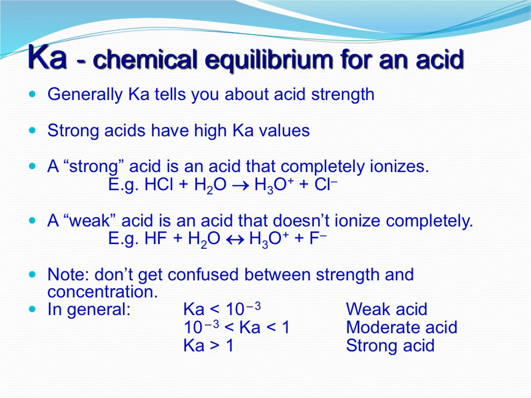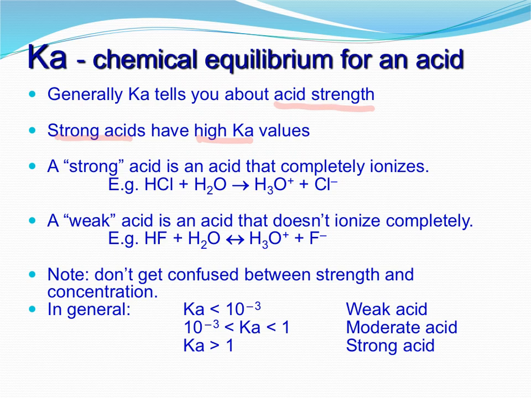Now let's talk about Ka. Okay, Ka tells you about the acid strength. Strong acids have high Ka values. A strong acid is an acid that completely ionizes. A weak acid is an acid that doesn't ionize completely.